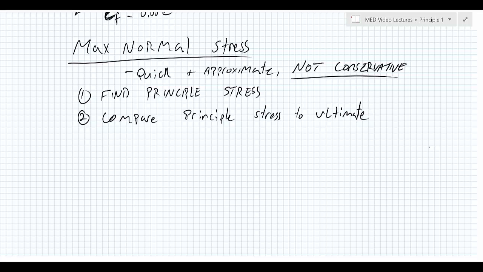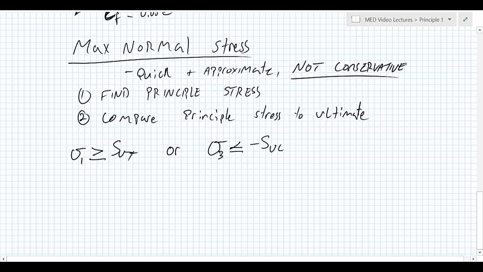So maximum normal stress theory basically says this: anytime your absolute maximum positive normal stress is equal to or greater than the ultimate strength in tension, or, another way to say that, the most negative compressive stress is, in terms of its total value, greater than or equal to the ultimate strength in compression.